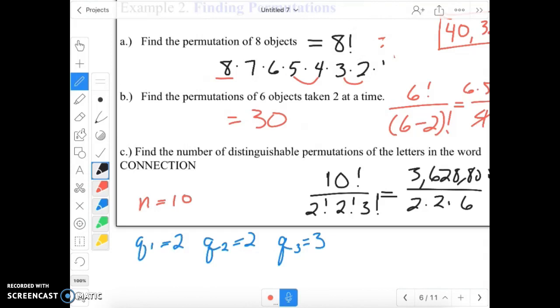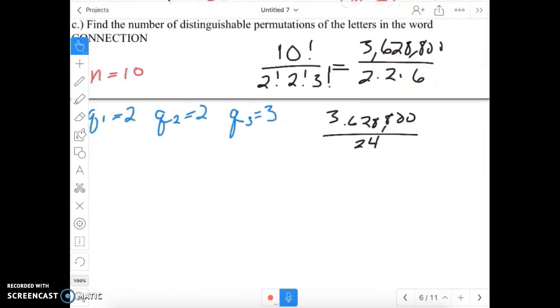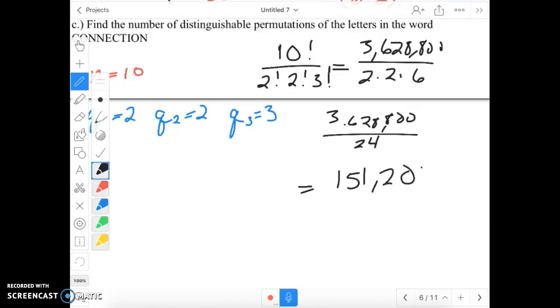So that'll give us 4 times 6, so 3,628,800 divided by 24. Our answer for that is 151,200. Okay, so that's the number of distinguishable permutations for the word connection.